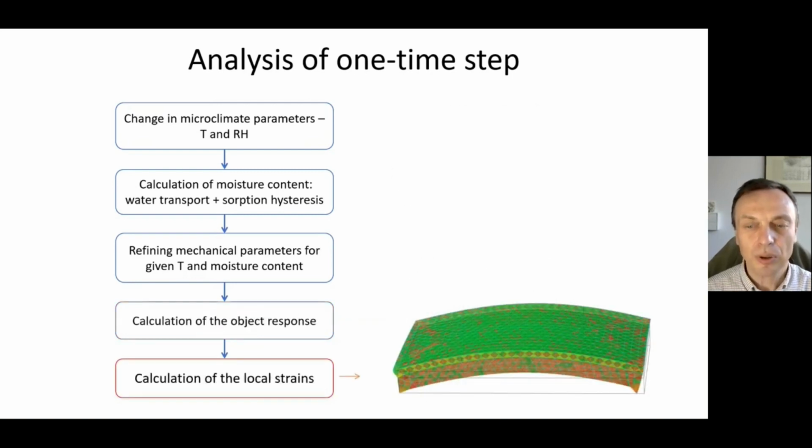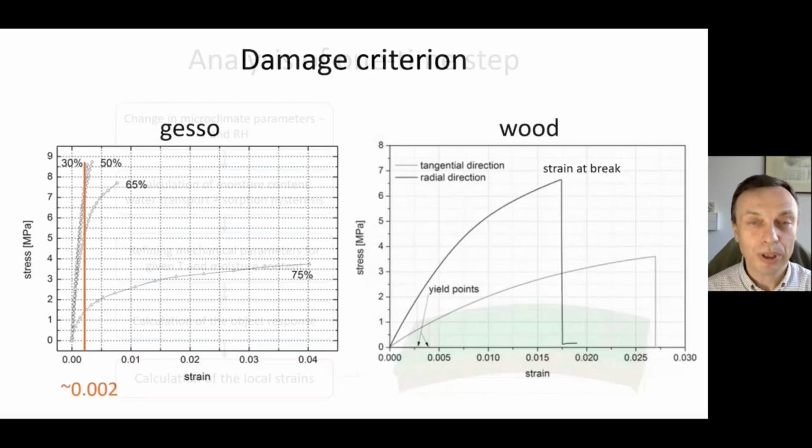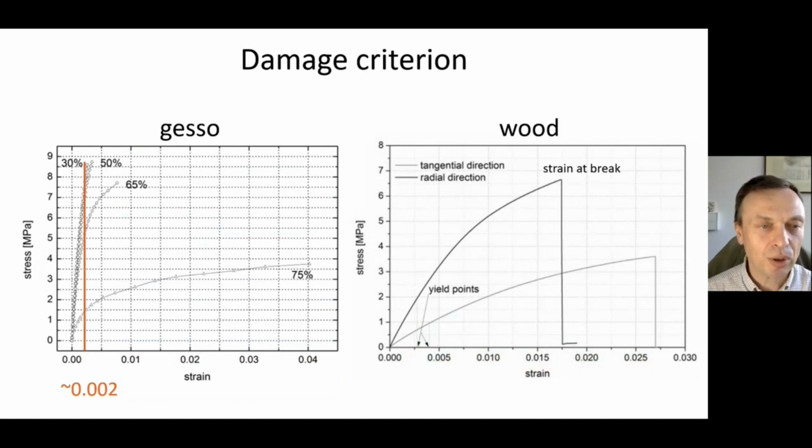And finally, having all this information, we calculate the local strains both in the wood and the gesso. And to say what is safe, what is not safe, we need to compare them with the damage criteria. And as I mentioned, for the gesso, we use the damage criterion 0.002, and for the wood, usually we use the criterion as a yield point 0.05 and as a strain at break 0.2.